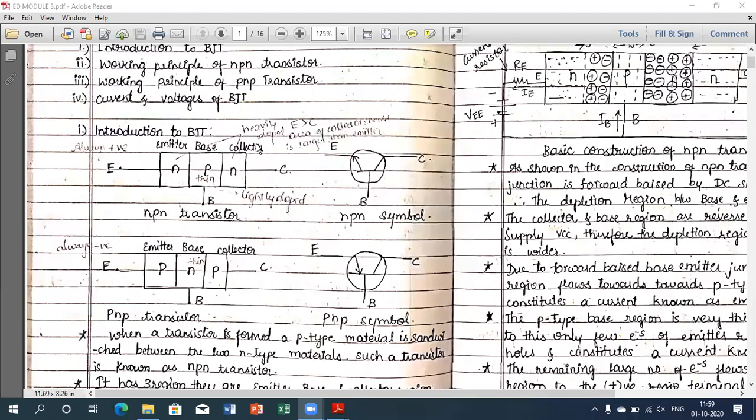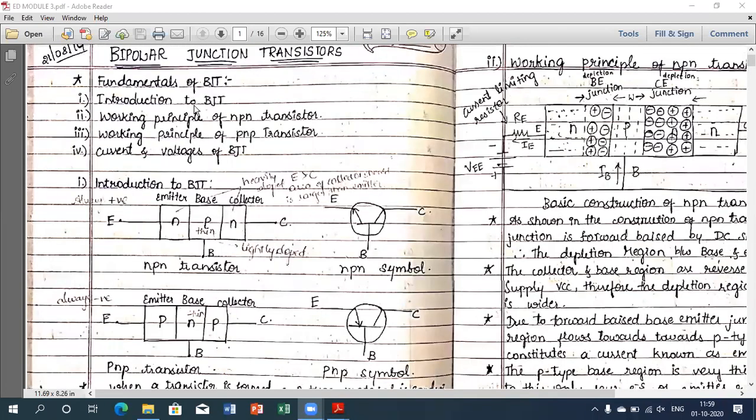If the introduction part is clear, just send a message in the chat box so that we can move on to the next topic. Do it fast. Reply in the chat box. If you want to repeat, Rohit Kamble has raised the hand. I'm expecting everyone. Everyone should respond in the chat box.